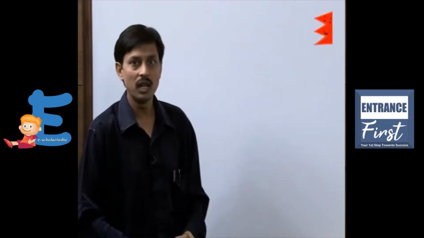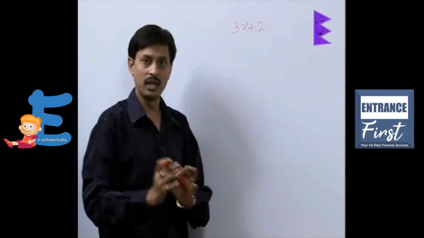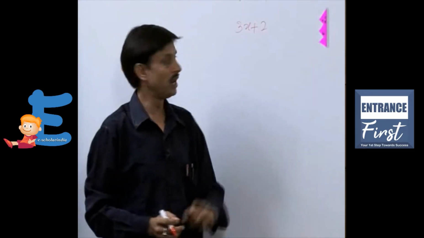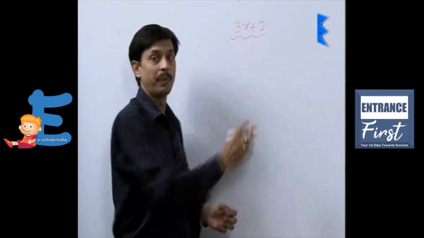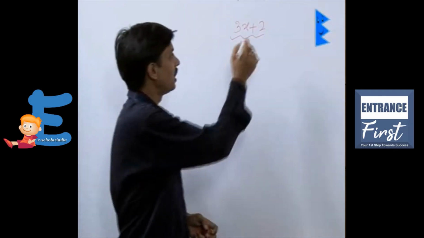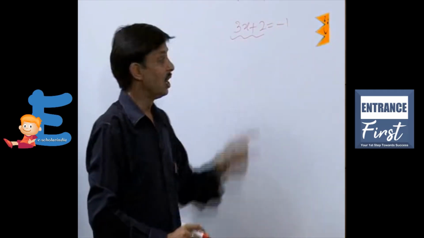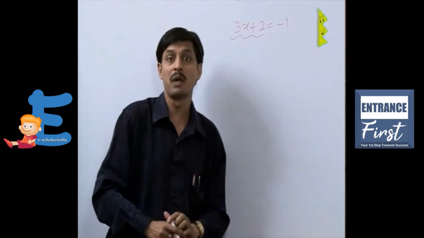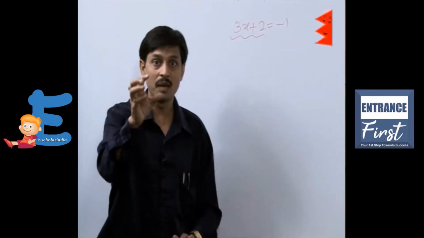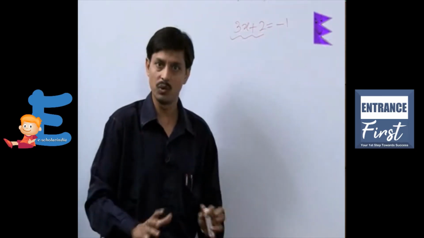Say, for example, I have 3x plus 2, which is a linear polynomial, one of the algebraic expressions. If I equate this to -1, so that 3x plus 2 equals -1, it becomes an equation.